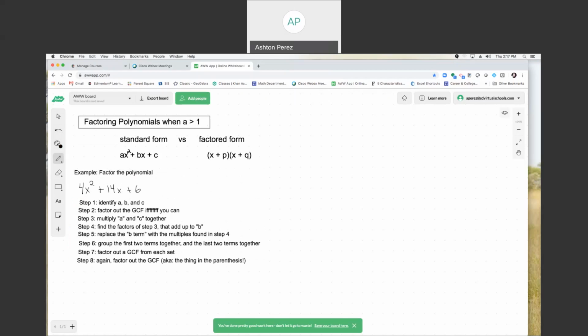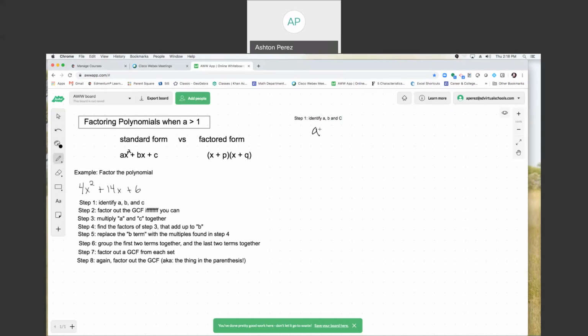So step 1, identify A, B, and C. On the right-hand side, I'm going to rewrite it so you can see each step underneath another. Step 1, identify A, B, and C. I do this so you can see which route you need to take.